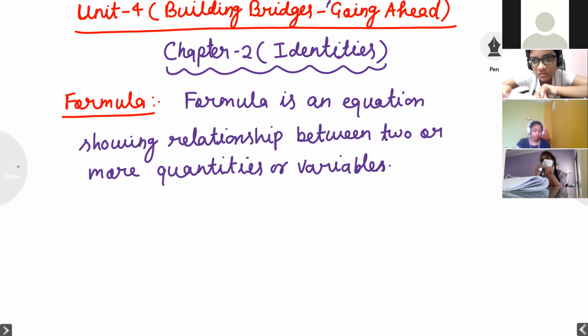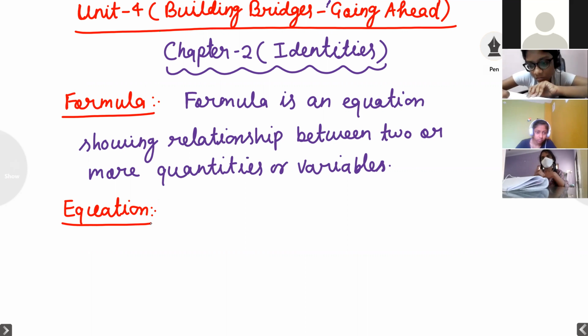Next, keep heading equation. These are the basic concepts, students. Note down. Equation. What is the plural of formula? Formulae. Singular is formula and plural is formulae.